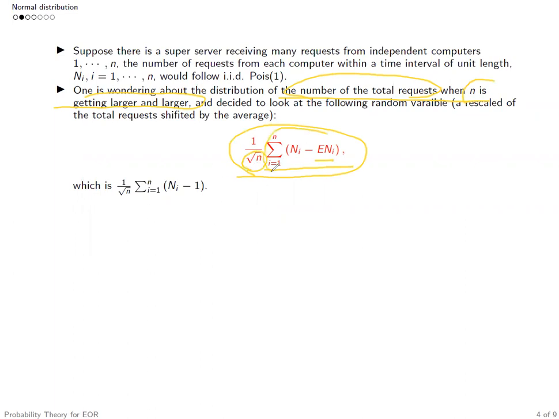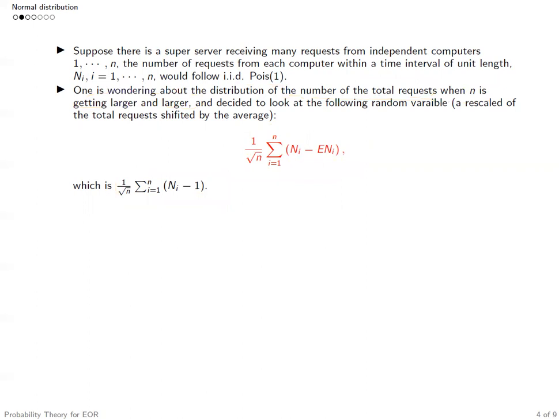So this is the sample summation shifted by the average, divided by the square root of n. Each N_i follows a Poisson distribution with arrival rate equal to 1, so the expectation is simply 1. What is the distribution of this random variable?